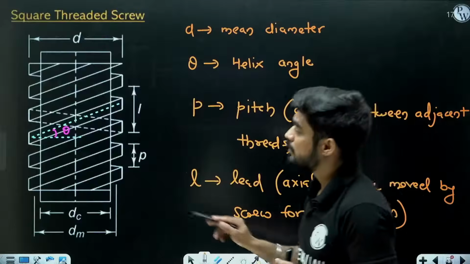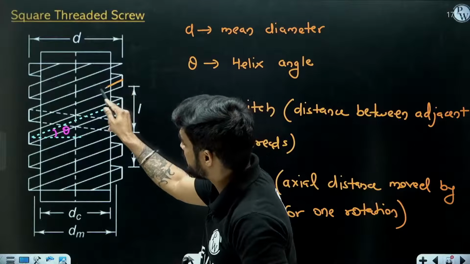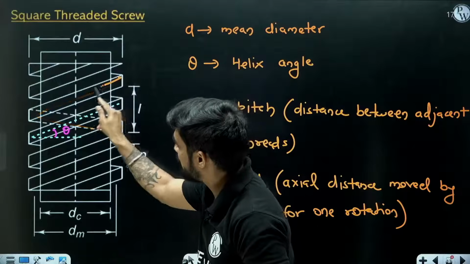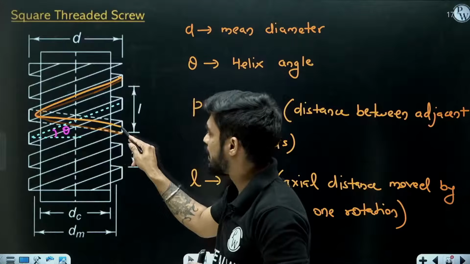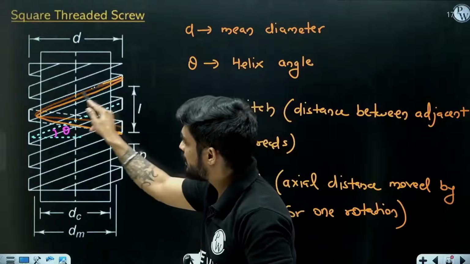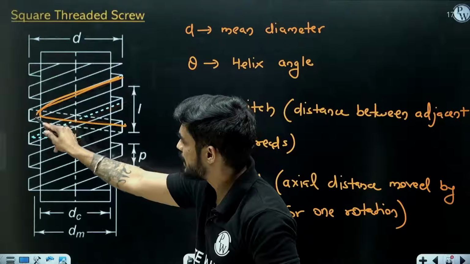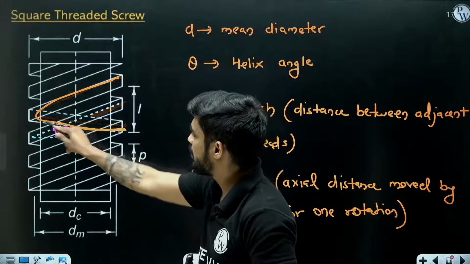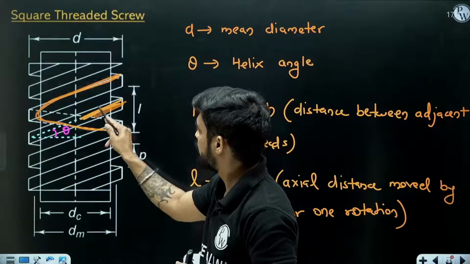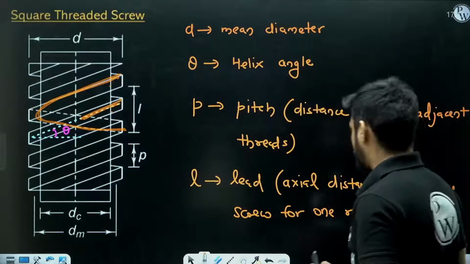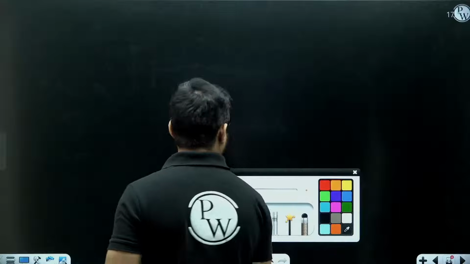How do I know? You can see this is one single thread, it is coming down and now again here, and in between this we have another thread. So this is a double threaded screw. In case of a double threaded screw, L will be equal to 2P.